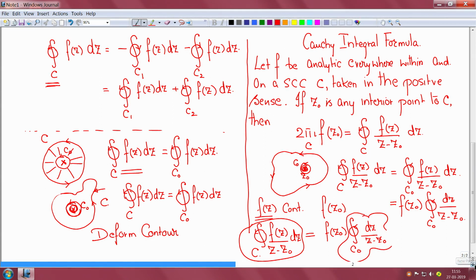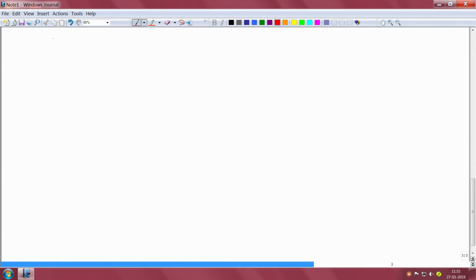Okay. So, let us see what is the integral over C0 dz by z minus z0. I say that we are going around a small contour around z0, okay. Let us say of radius r.